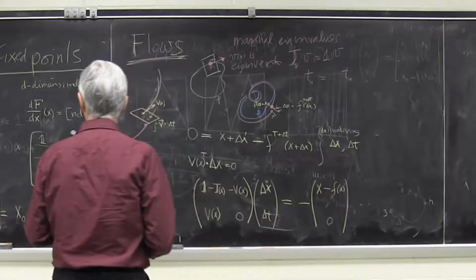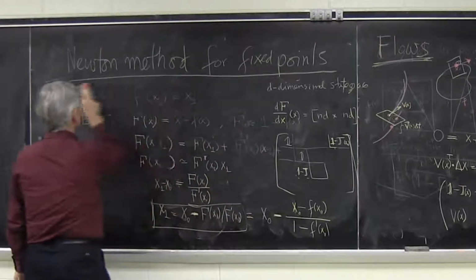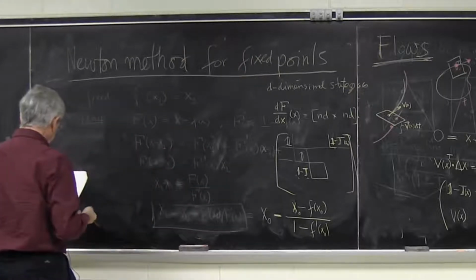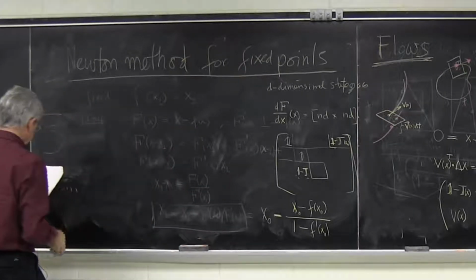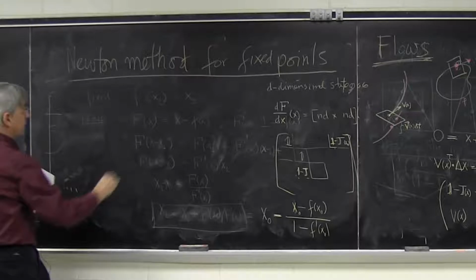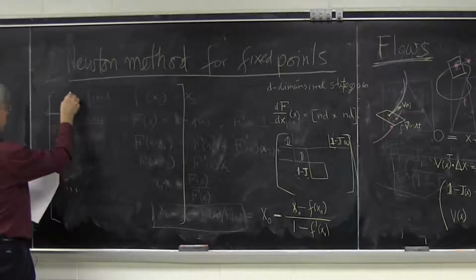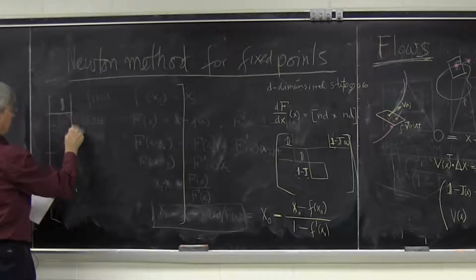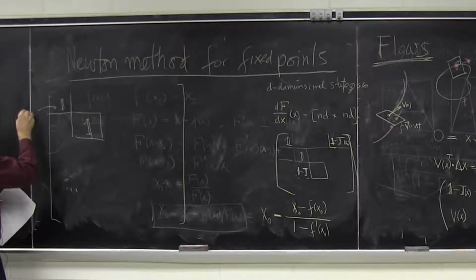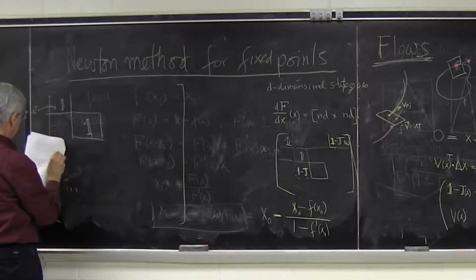So this is how you do it for the fixed point, and then the whole thing again works equally well if you do it as multishooting. So if you do it as multishooting, this thing becomes a large matrix, and each block is a d-dimensional block. So this is d cross d. And you have to compute the Jacobian.